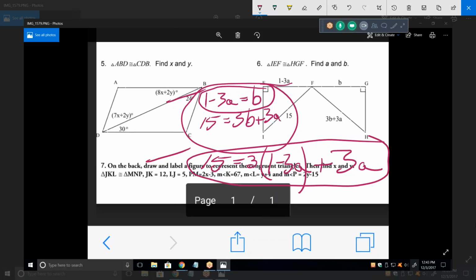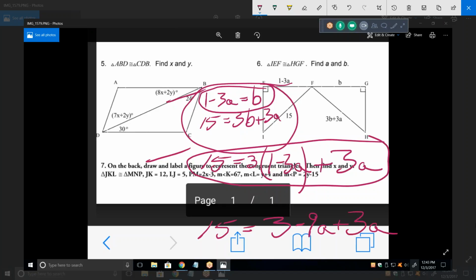Now help me solve it here. All right, so 15 equals 3 minus 9a plus 3a. Okay, keep going.